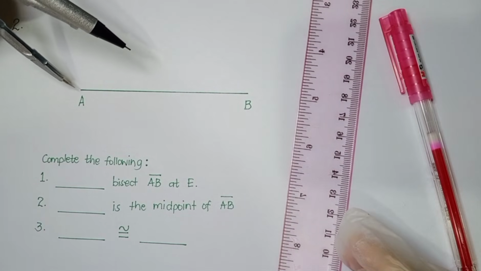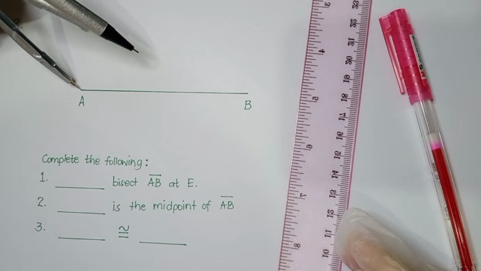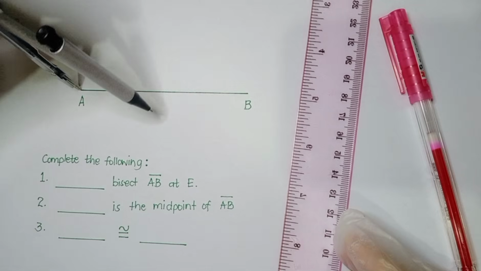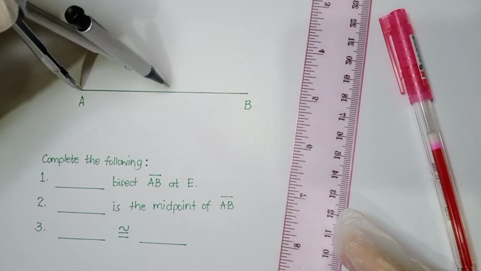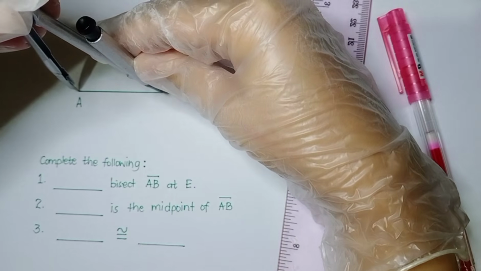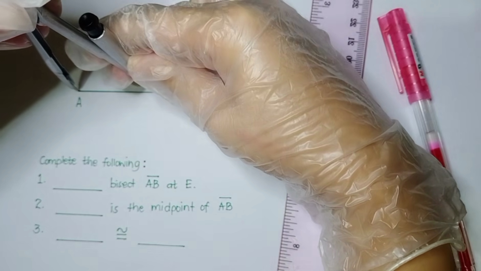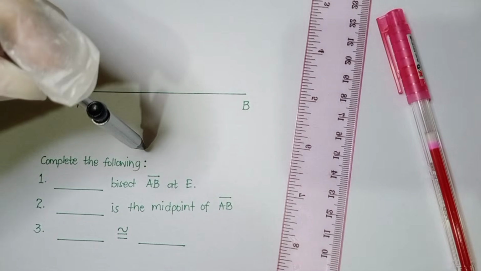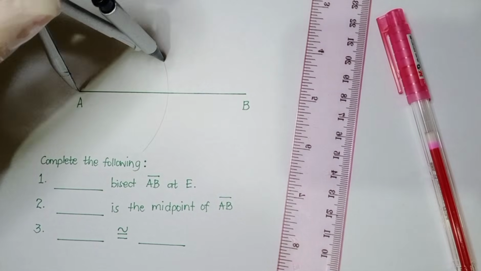So, ang first step natin is kung ito yung dulo ng segment, gagawa ulit tayo ng arc. Now, make sure na yung arc na gagawin po natin is i-estimate natin na kahit papano lampas siya dun sa kalahati ng segment.